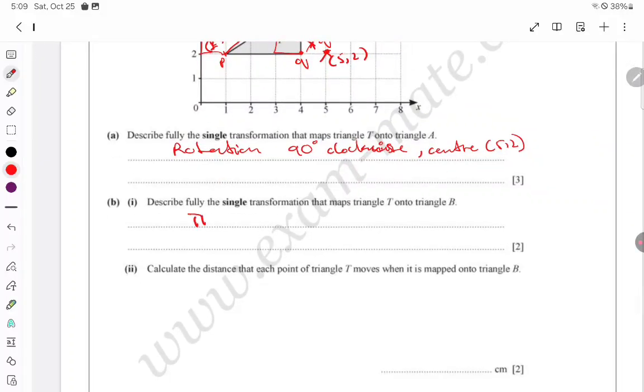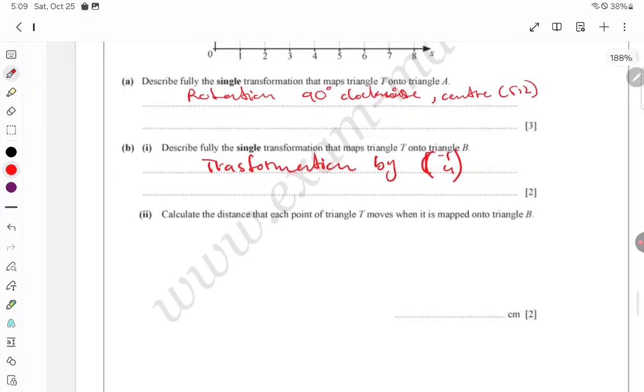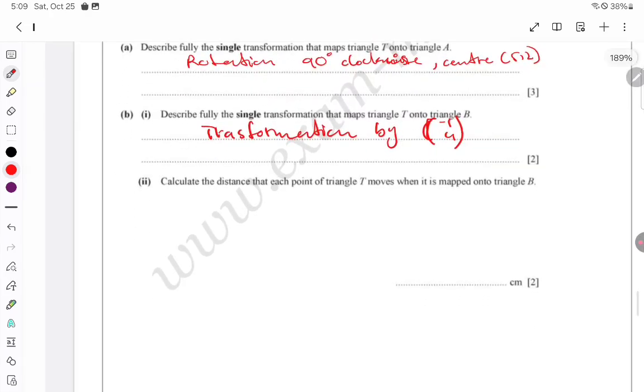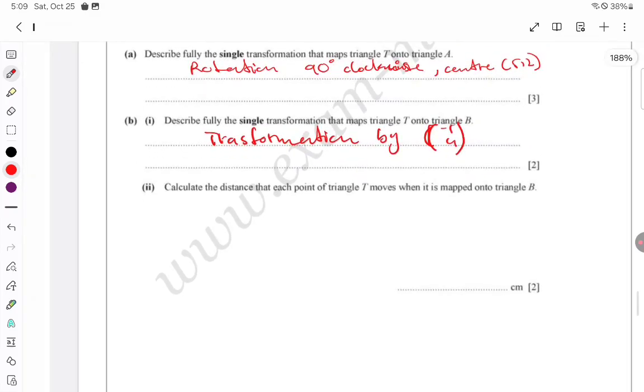So the transformation is by negative 4 comma 4, or we can write this in vector form. Now calculate the distance that each point of the triangle moves when it is mapped onto the triangle. In order to calculate this, what can we simply do? We take the magnitude of the transformation. How can we calculate the magnitude?